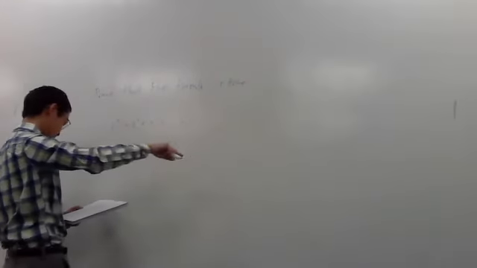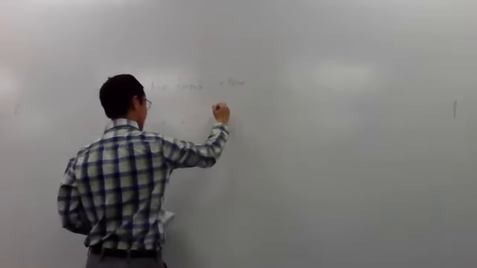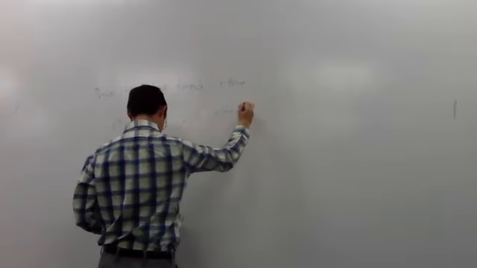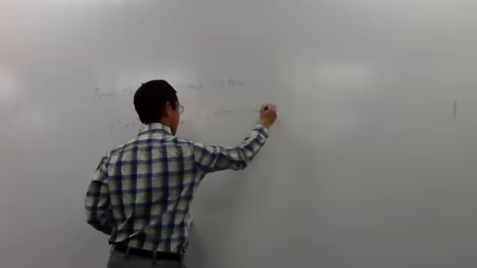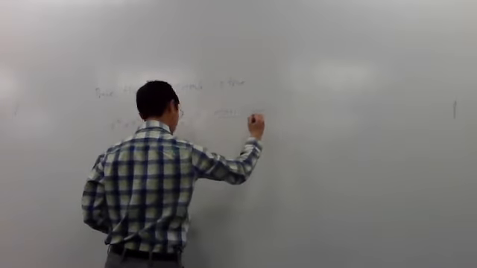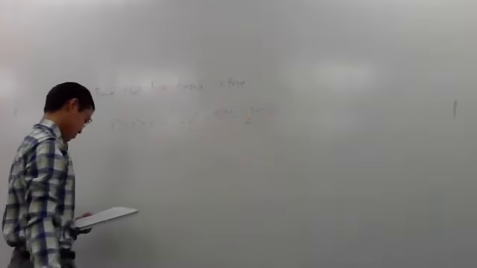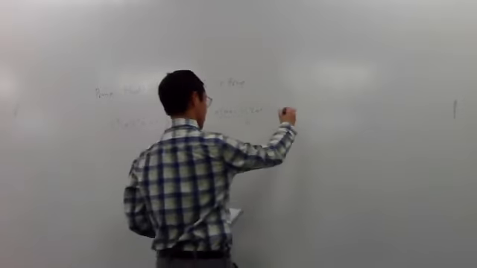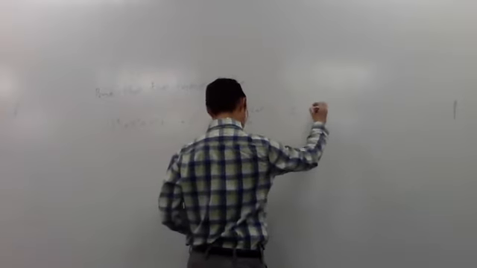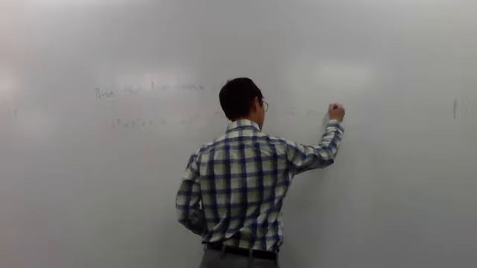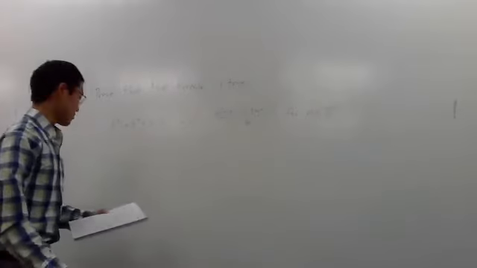So the sum of the first n perfect squares is equal to n plus 1, 2n plus 1, over 6, for n in the positive integers.